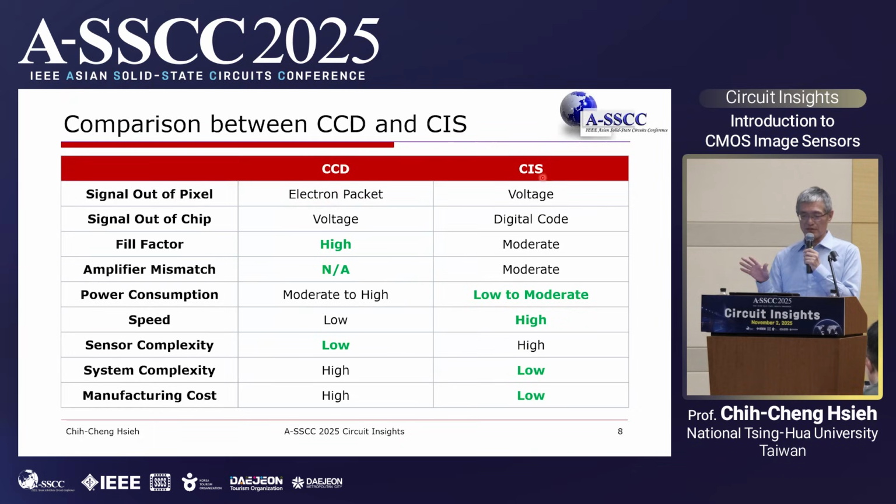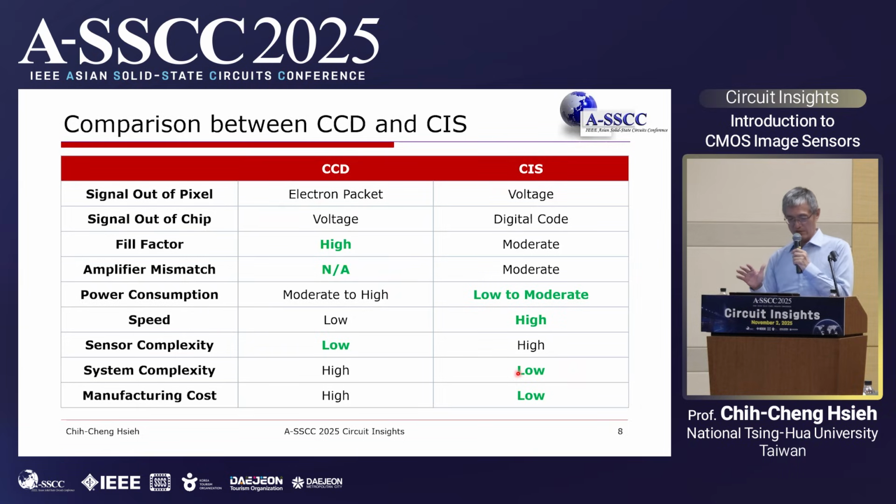But the CMOS image sensor does the charge to voltage conversion in the pixel. So after that, you only need to send the voltage domain output without requiring the high electrical field-based charge transfer or charge coupling operations. That means the CIS technology can achieve a higher readout speed with lower system complexity and manufacturing cost.